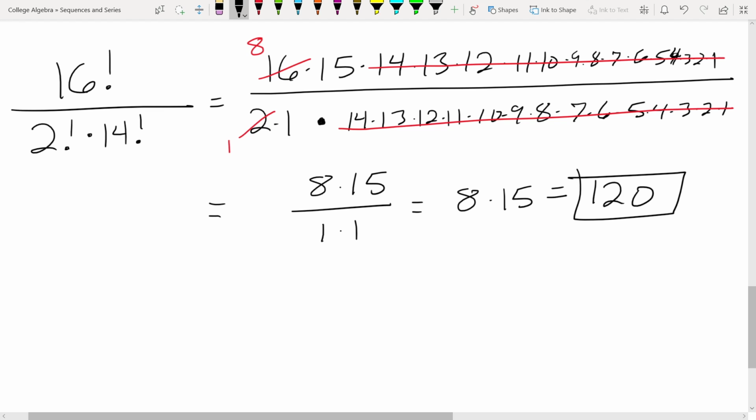So factorials, typically, are used in pairs like this, but depending on the situation you're looking at, you know how to expand a factorial and cancel common factors, things like that. Okay, sometimes we want to find the sum of the terms in a sequence. Now, this is technically called a series.